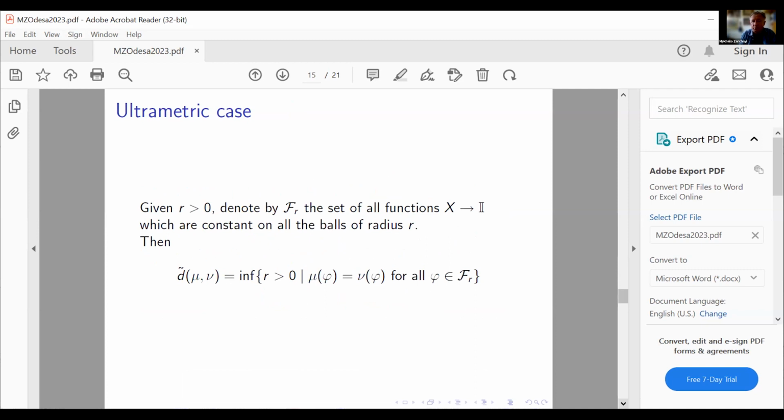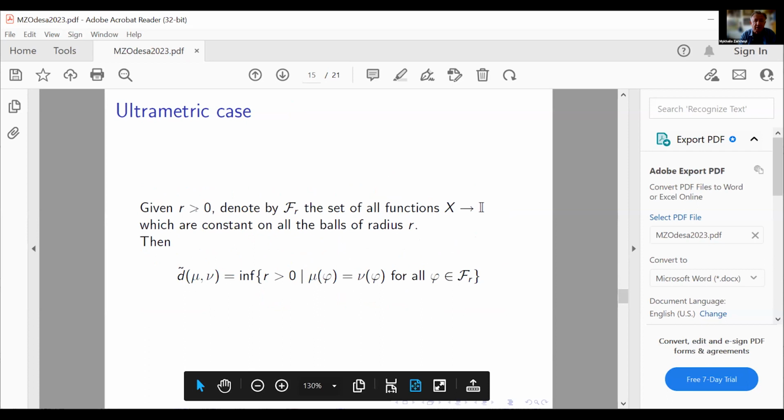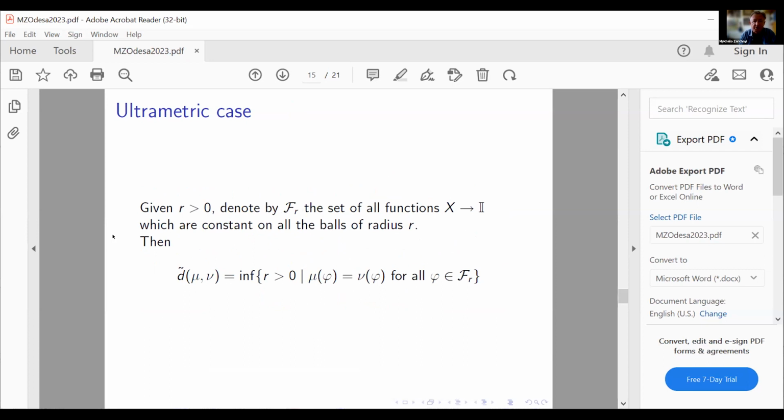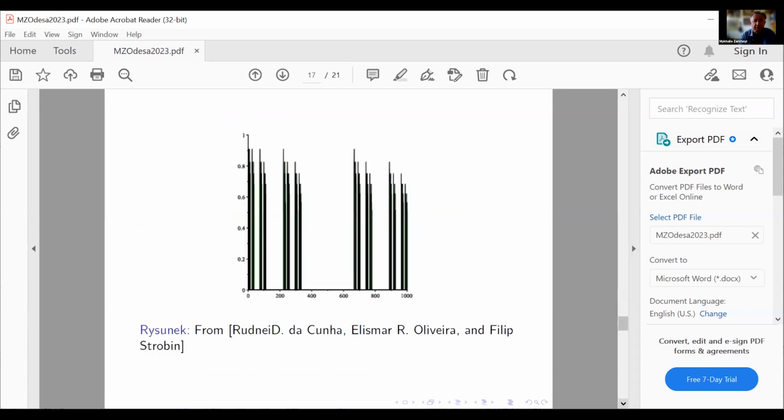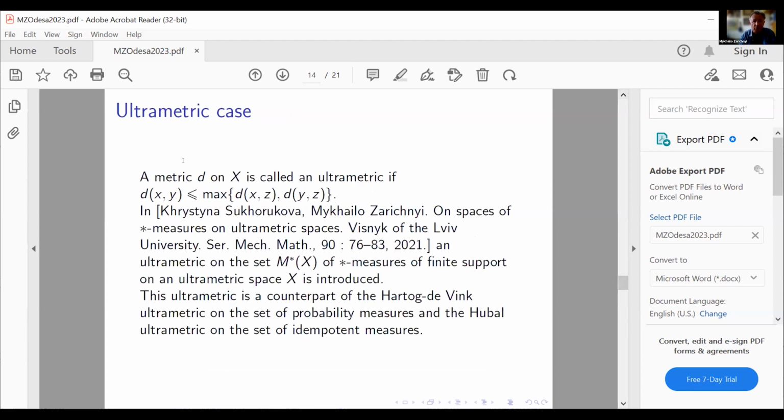And I would like also to consider the ultrametric case. So given a positive number r, we denote by F sub r the set of all functions which are constant on the balls of radius r. This should be on an ultrametric space. A metric d on X is called an ultrametric if it satisfies the following strong triangle inequality.